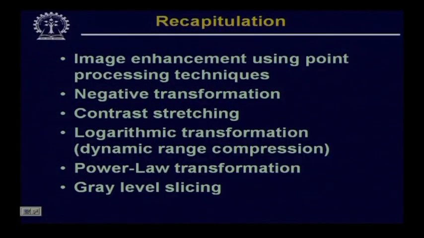The other kind of transformation that we have used for image enhancement is the logarithmic transformation, and there we have said that it basically compresses the dynamic range of the input image.